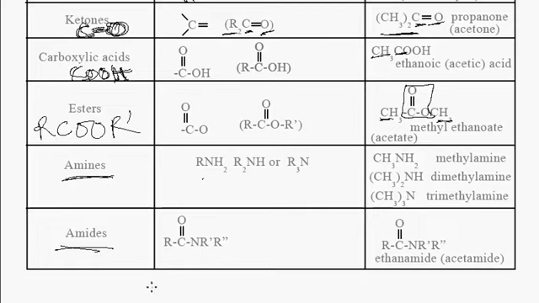So instead of having your R, C, O, OH, now the OH here will be replaced by saturated nitrogen. So you have this. All right. A typical example of an amide is ethanamide.